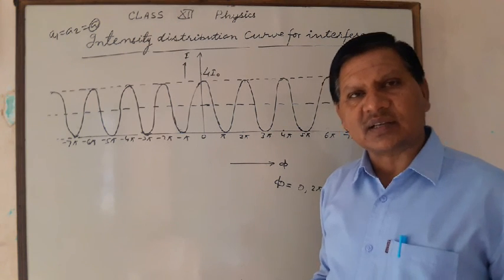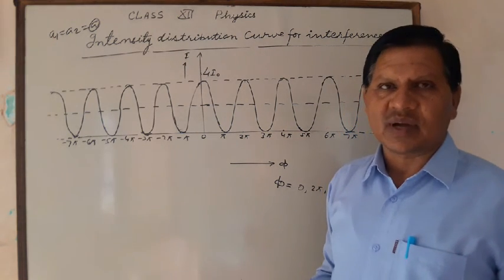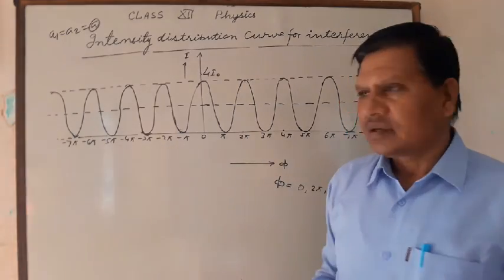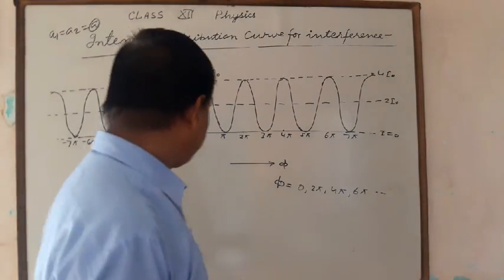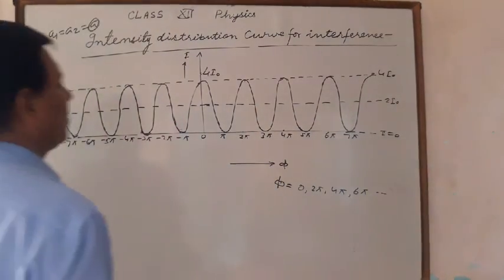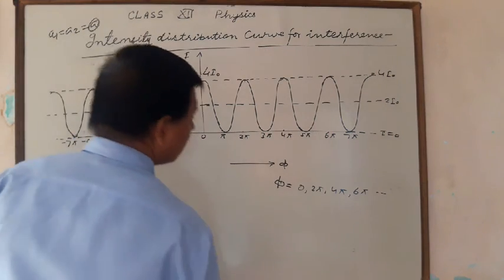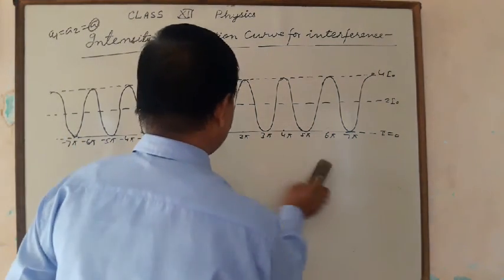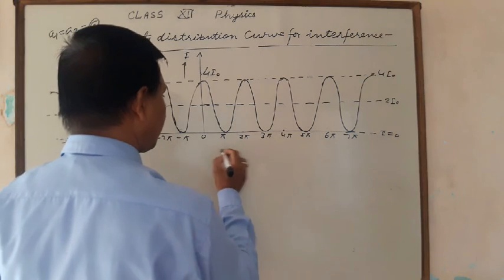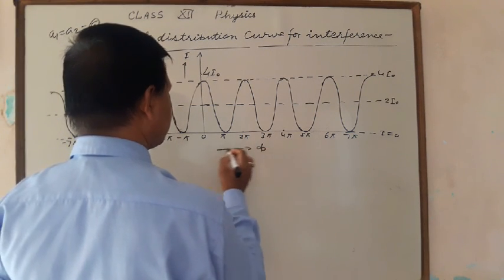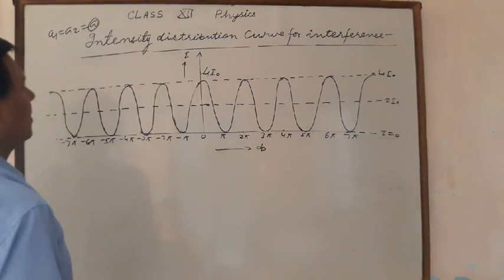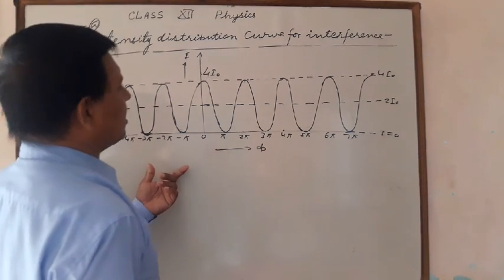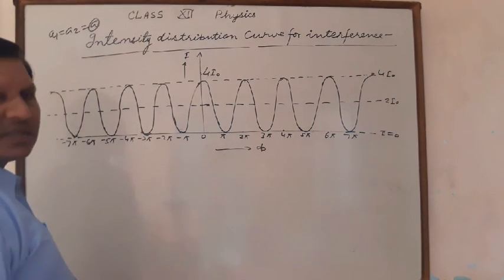Hence we can say that the interference phenomenon is based on conservation of energy. So this is the intensity distribution curve for interference.